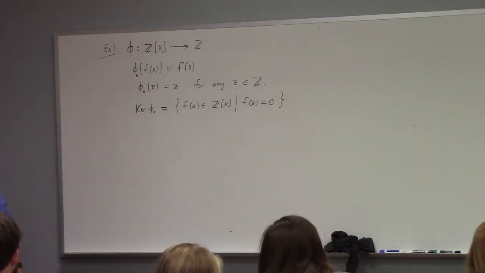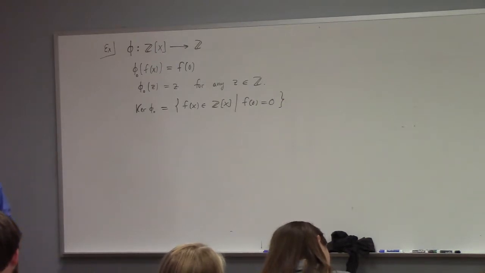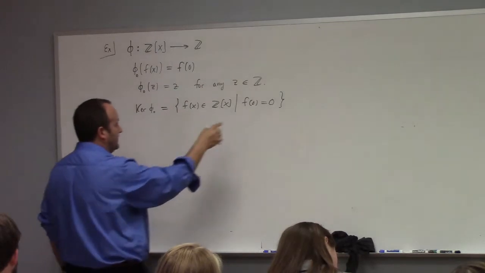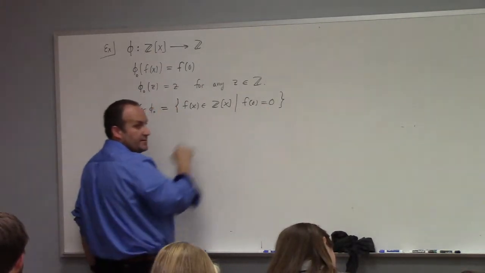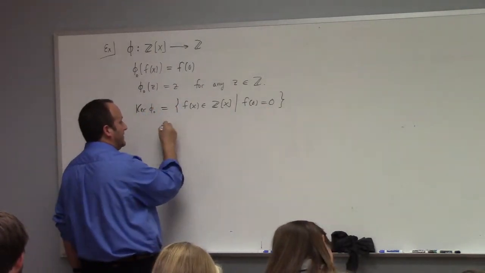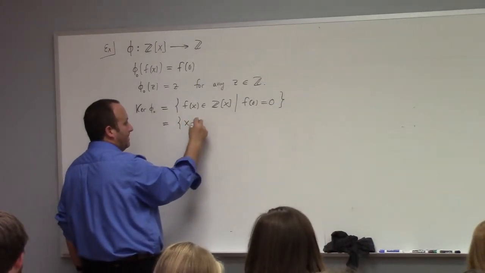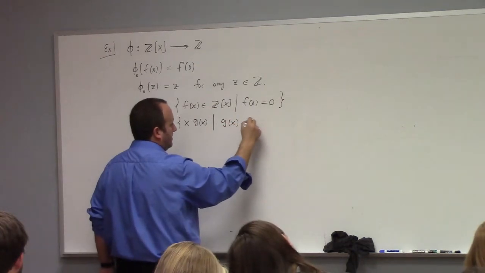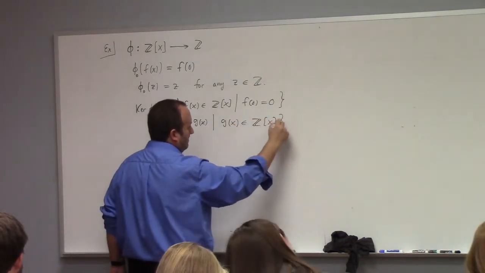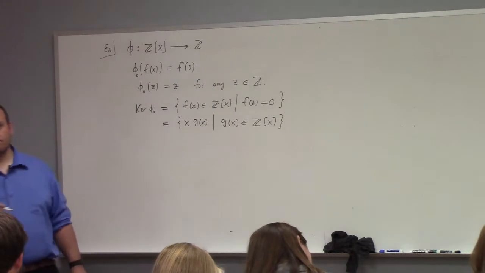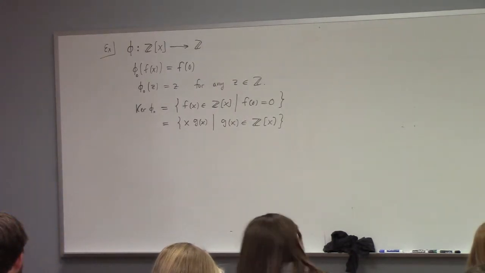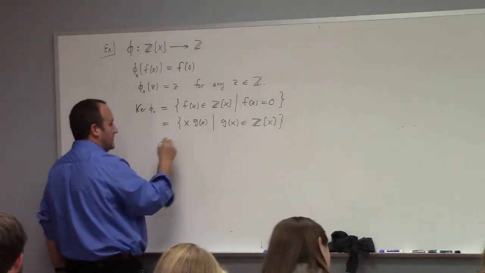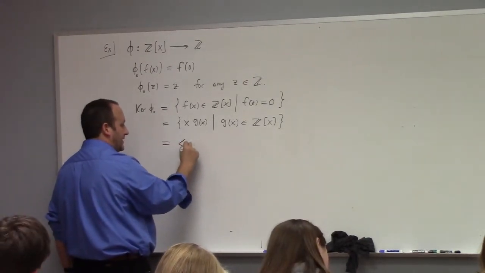What's that mean? Well, that means that we can factor out an x. If 0 is a zero of the polynomial, the factor theorem says we can factor out x. Search your heart. It's true. And then what is this? This is the principal ideal generated by x.